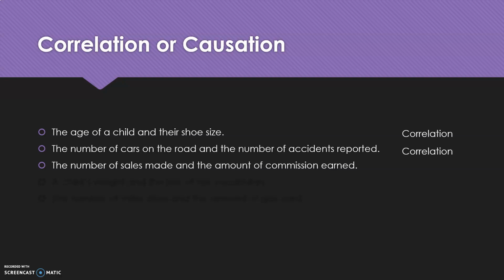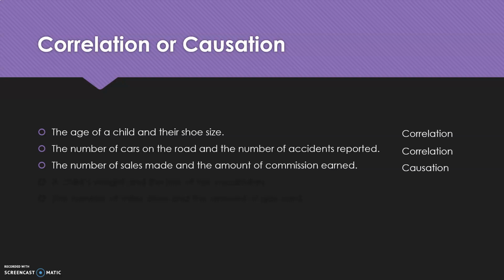A car salesman's income is based off of commission, how many sales they made. This is causation because the amount you earn is directly based off of what you sell.